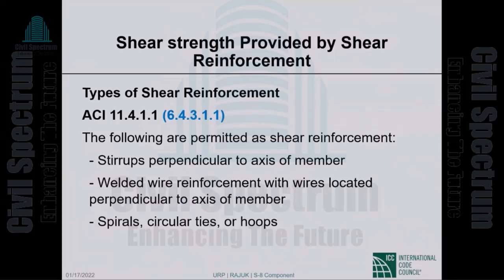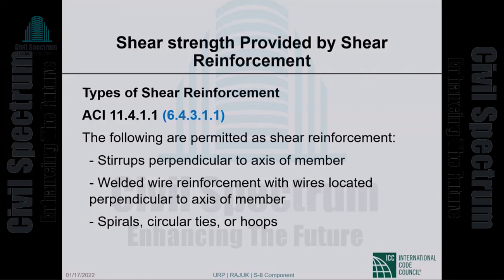Types of shear reinforcement. Here again, there is a lot of stuff that I will skip because most of it is old to antiquated, bent bars and so forth. I haven't seen those in, those are so labor intensive. I do not know, maybe in Bangladesh there is some limited usage, but I doubt it. So the following are permitted as shear reinforcement.